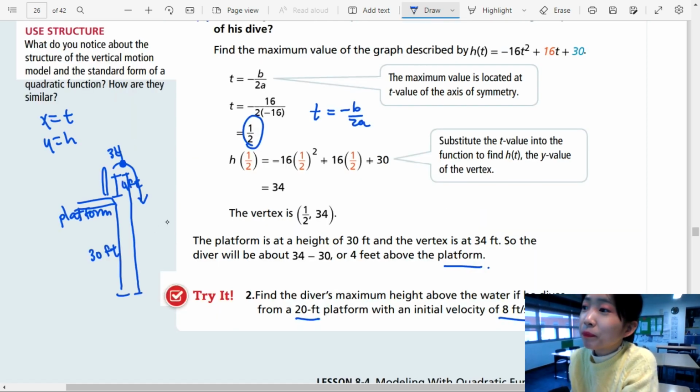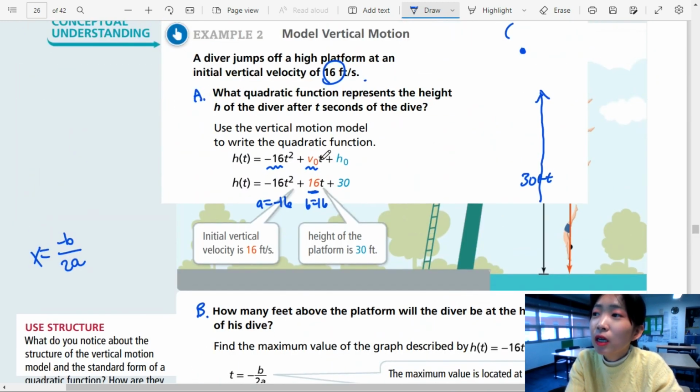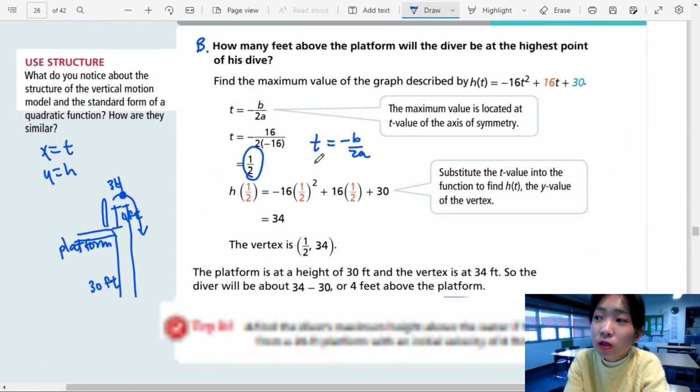Okay, are you ready? So what's our new equation using the initial velocity and the initial height? The height of the platform will be your initial height, so it goes here, h sub 0, and the initial vertical velocity goes here in the model.